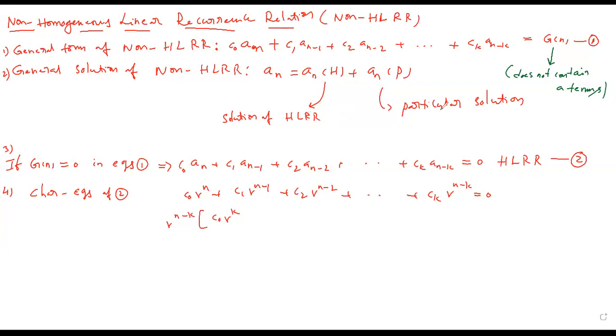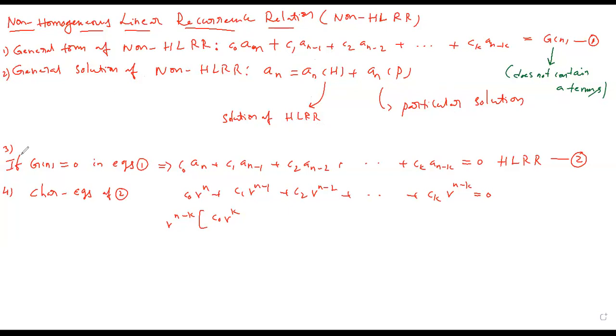The second part is said to be the particular solution. That means we have to find two solutions: one for the homogeneous recurrence relation, another the particular solution. The sum of these solutions is said to be the general solution. But how to find these two solutions?